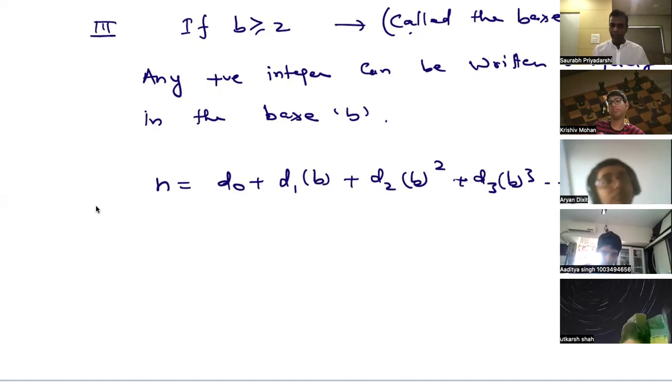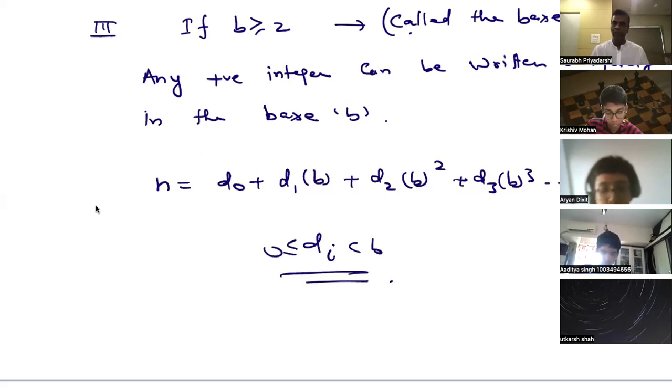But the condition is any Di must lie between 0 and less than B.